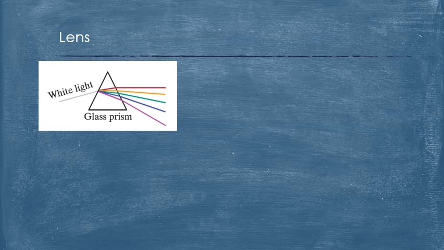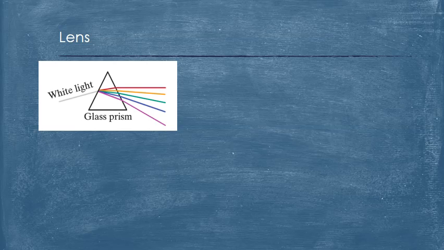So each wavelength, each different color of light, has a different wavelength, and that makes it have a different index of refraction, and that's why the prism separates the different colors of light, the same way as a rainbow.